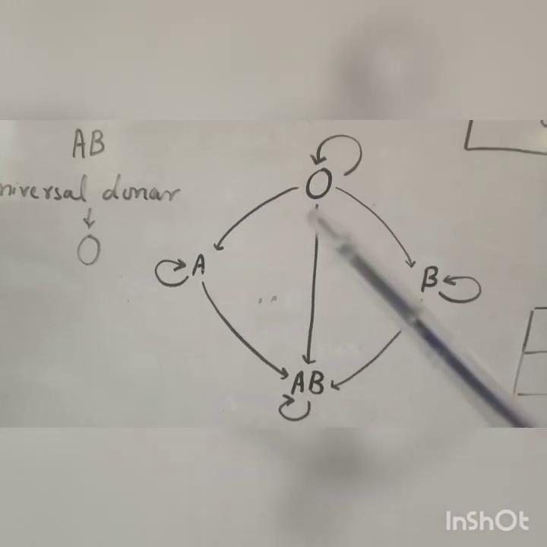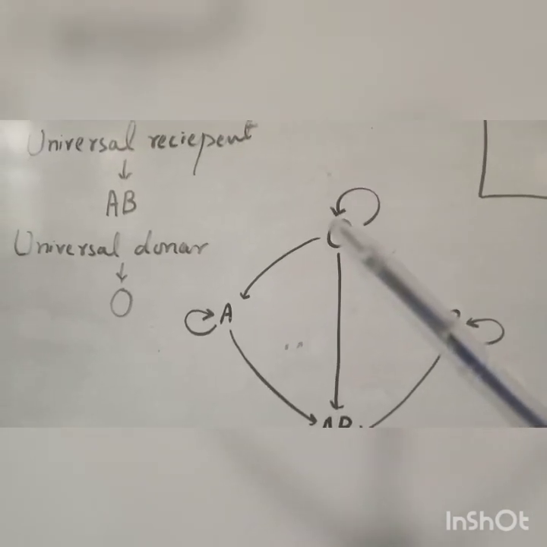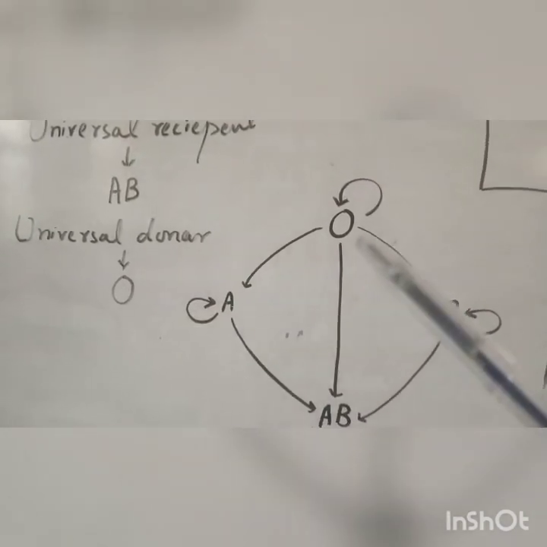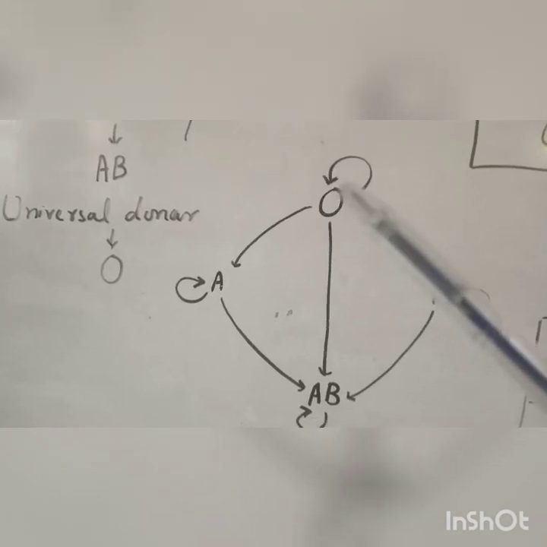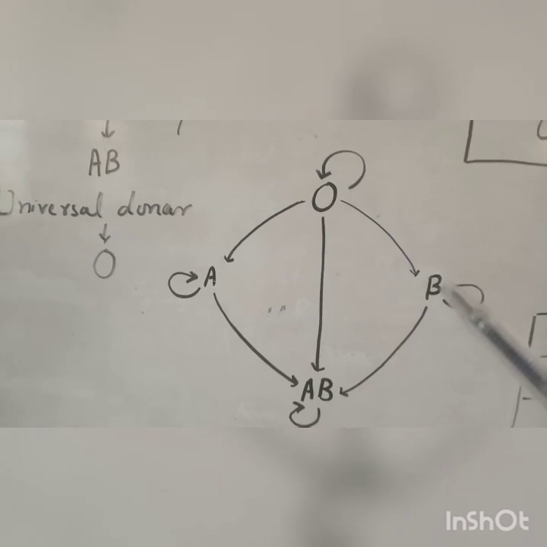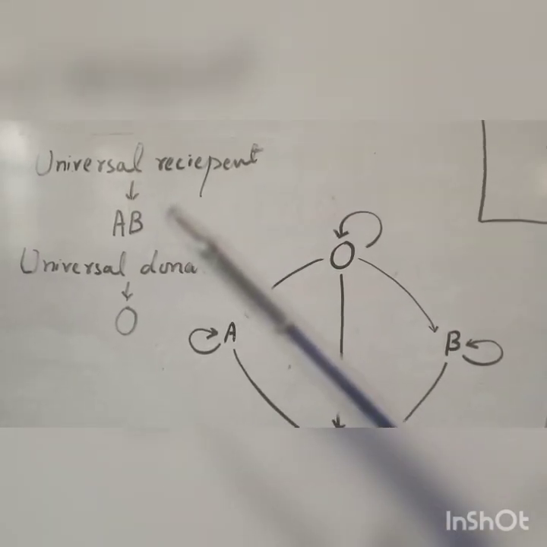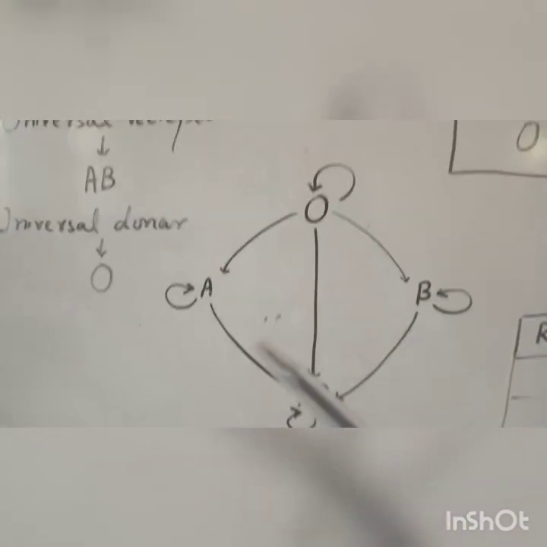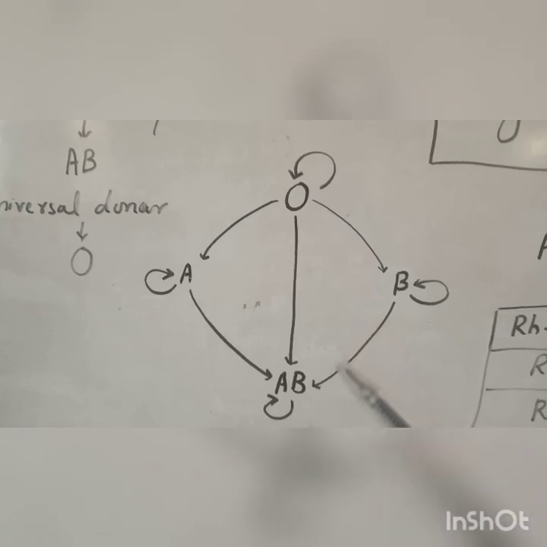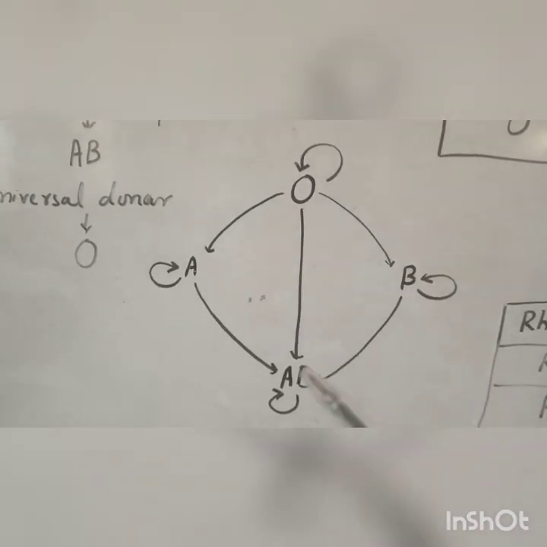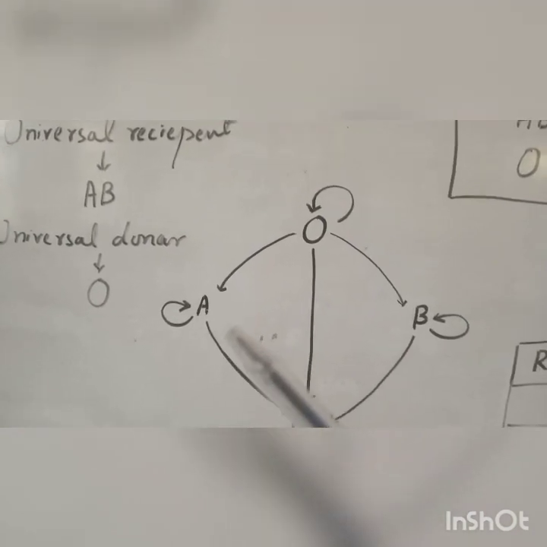On this basis blood group O is known as the universal donor because we can transfuse that blood group to all the 3 other groups, while blood group AB is known as the universal recipient because it can receive blood from all the 3 groups. So it is the universal recipient.